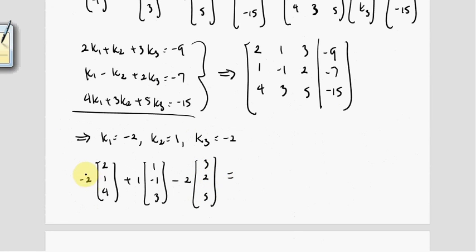When you do the string of terms, negative 2 times 2 is negative 4, plus 1 is negative 3, minus 6 is negative 9, and you get them all. So you've expressed this vector, negative 9, negative 7, negative 15, as a linear combination of the three given vectors. Do you see that? Does that make sense?